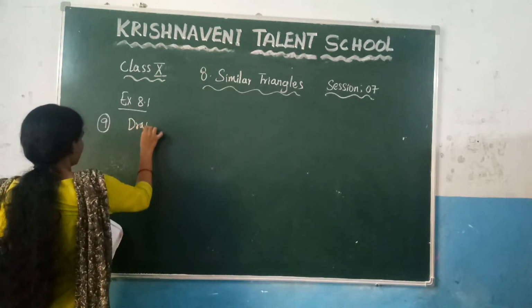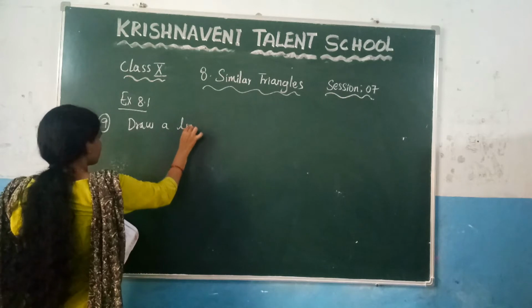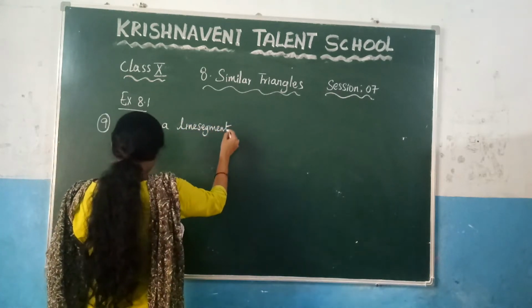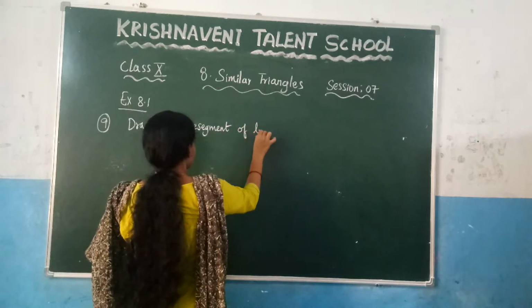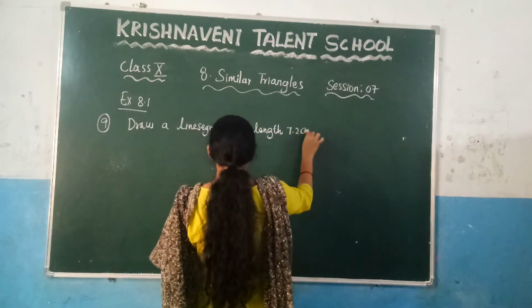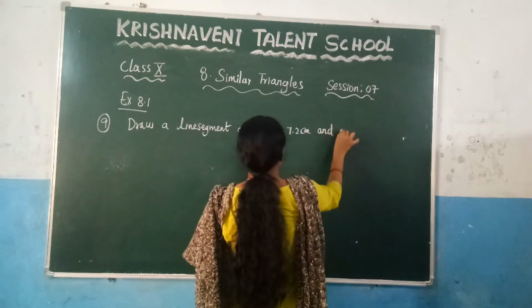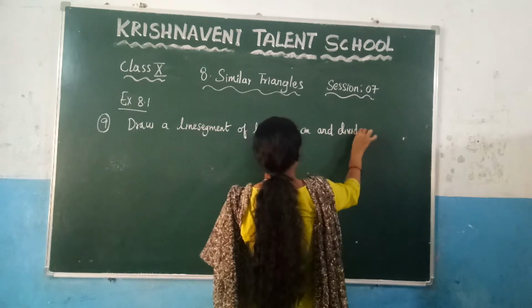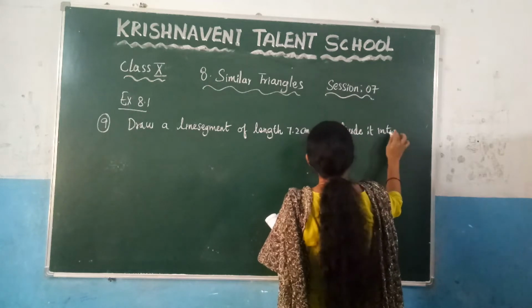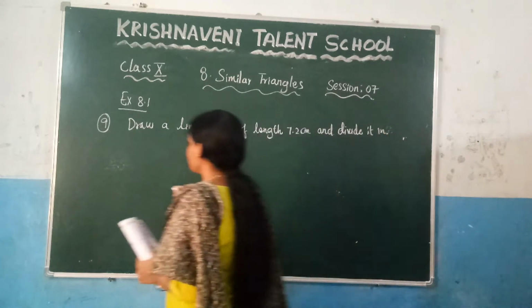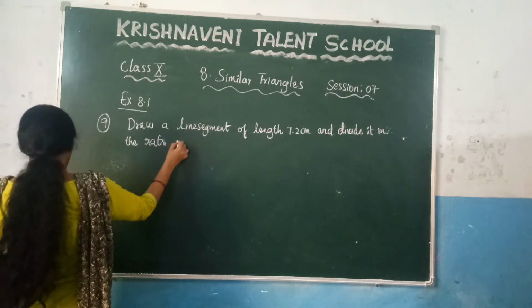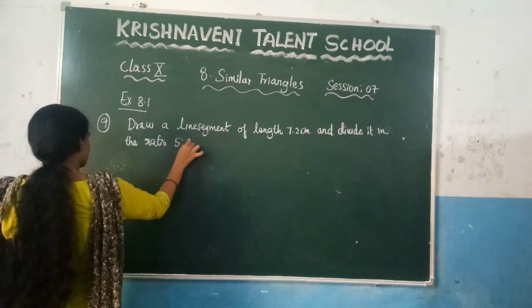Draw a line segment of length 7.2 centimeters and divide it in the ratio 5:3.